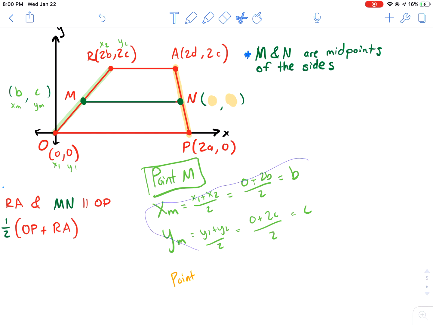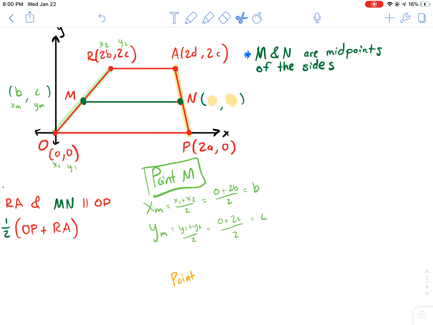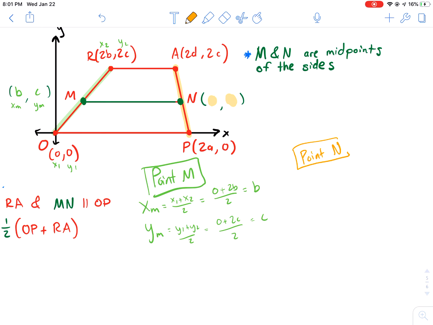Actually, let me shrink this whole thing down, and I'm going to move this over here, point N. Now we need an XM and a YM again, because this is also a midpoint. We already know the formulas right here. I'm not going to write it down again. So we need an X1 and a Y1 and an X2 and a Y2.